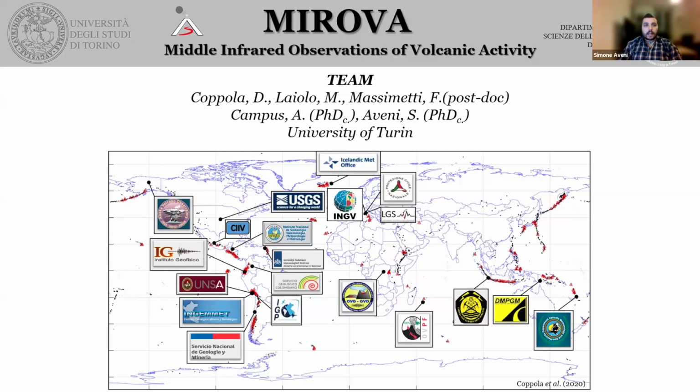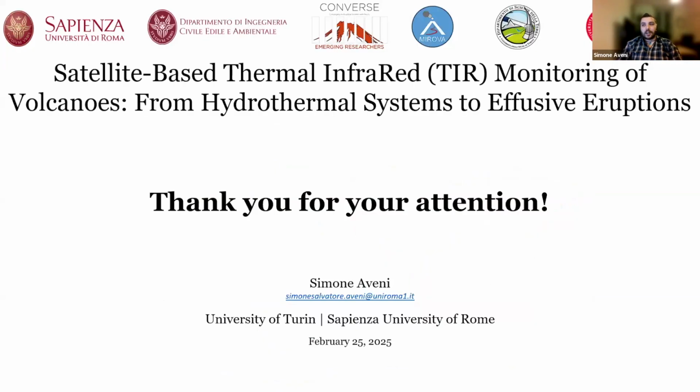And with the upcoming sensors, with the higher resolutions, we will be able to obtain a lot more. And I'm very much looking forward to seeing what the future of thermal remote sensing will be.